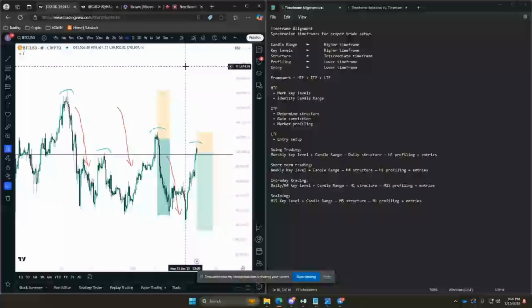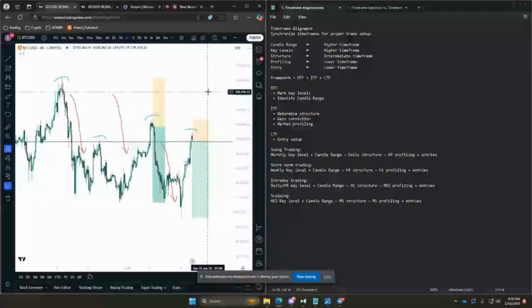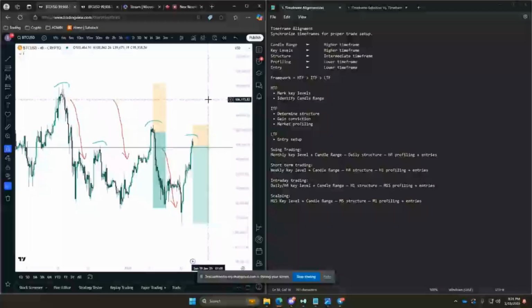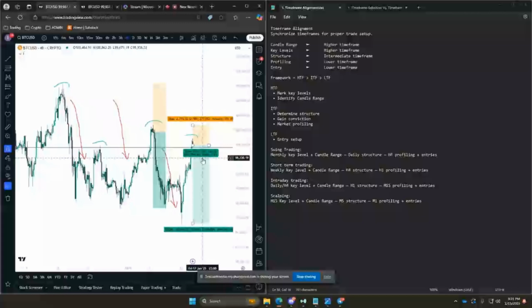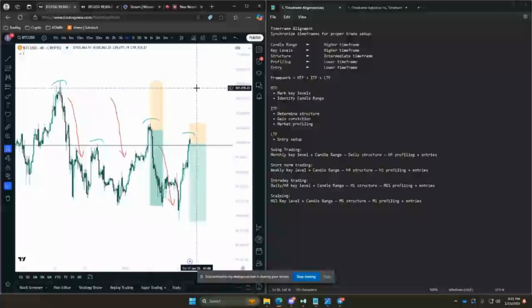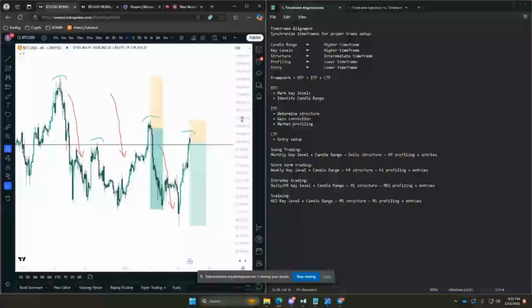So you would just have to work out the size of your position, which we can discuss further when we're talking about actually trading. But for right now, we're just looking at using the lower time frame to come up with trade setups or potential trade setups using the fundamentals that we're going over.